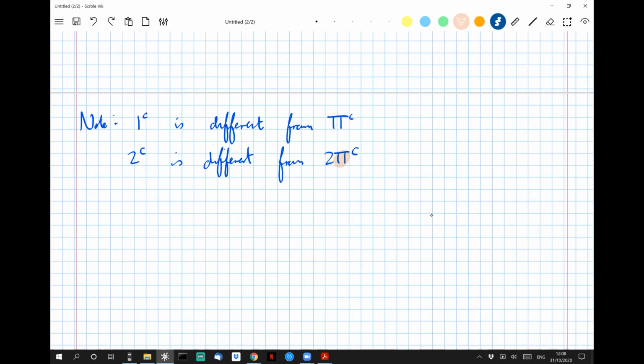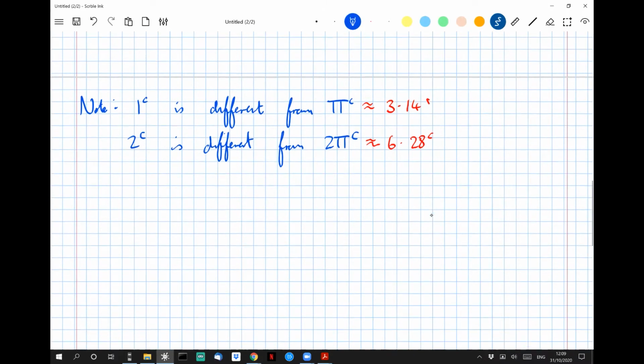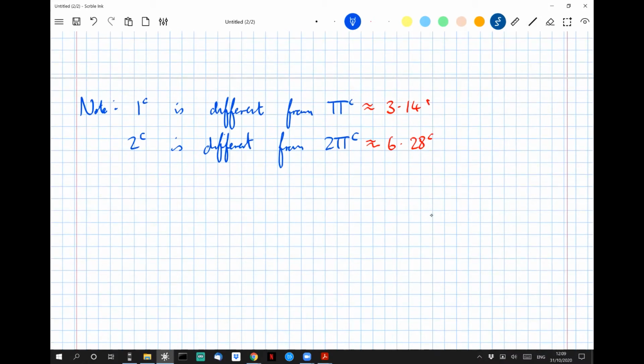So just be aware that not all radians have a pi on them, because pi is equal to approximately 3.14 radians. I said 6.48, I meant 6.28 radians. And that's just a really important point to remember. So when the answer is 2 radians, don't write 2 pi radians.